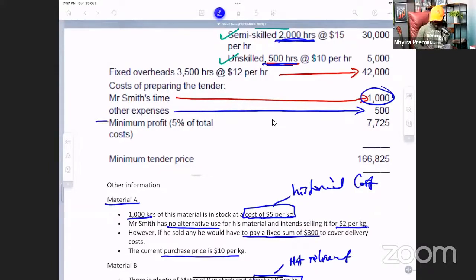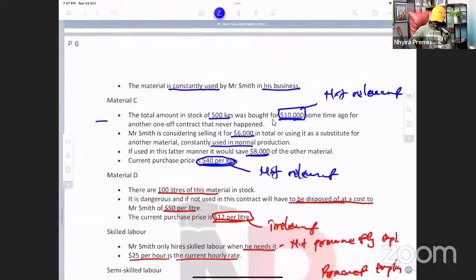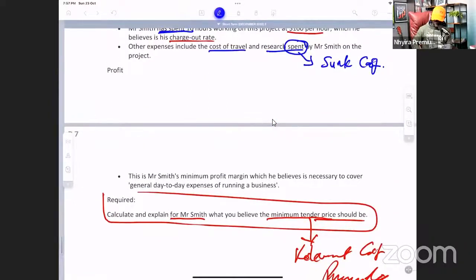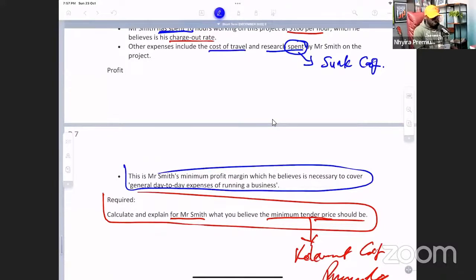Then minimum profit. We are told that Mr. Smith has a minimum profit margin, which he believes is necessary to cover general day-to-day expenses of running the business. We don't care about minimum profit. Because remember, the question said, what should be the minimum tender price?